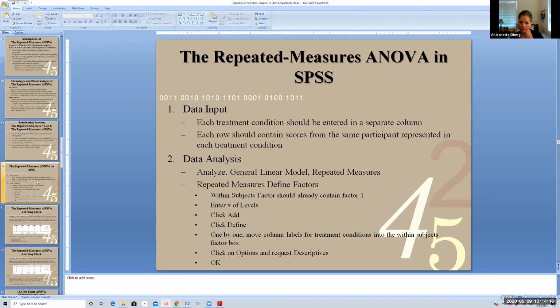If you have more than one level, you're going to have a different column for each condition. The data that you actually input is the dependent variable scores. So make sure your labels and your headings are appropriate. And then you're going to follow the instructions necessary when you're running the data analysis.